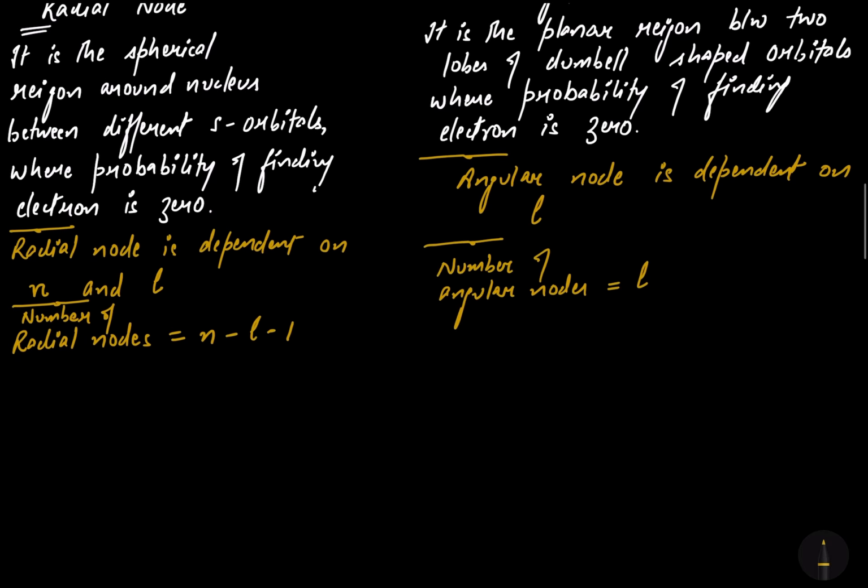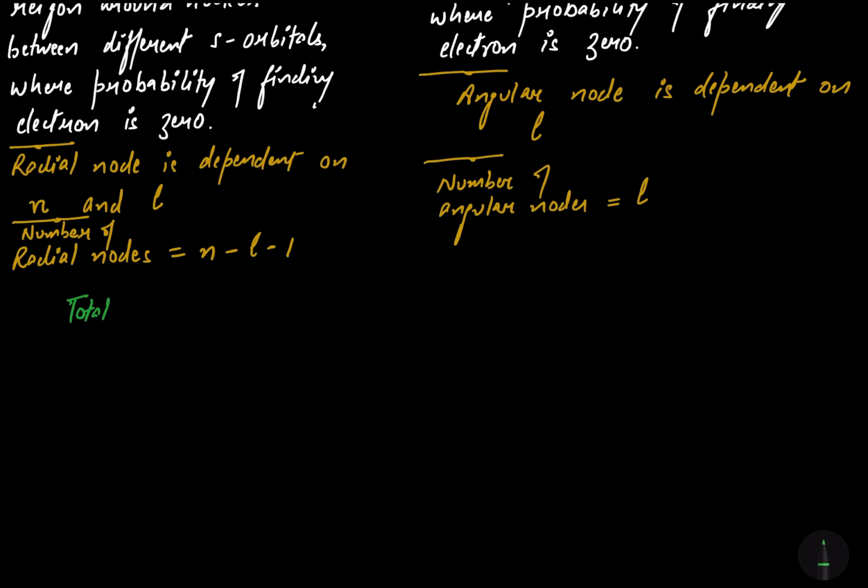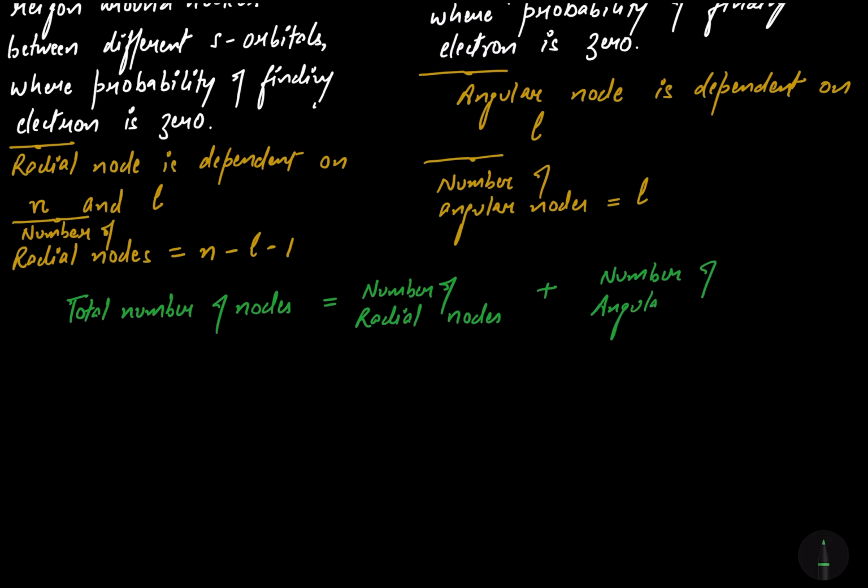So now let's evaluate the total number of nodes in a specific orbital. The total number of nodes will obviously be equal to the number of radial nodes plus the number of angular nodes.